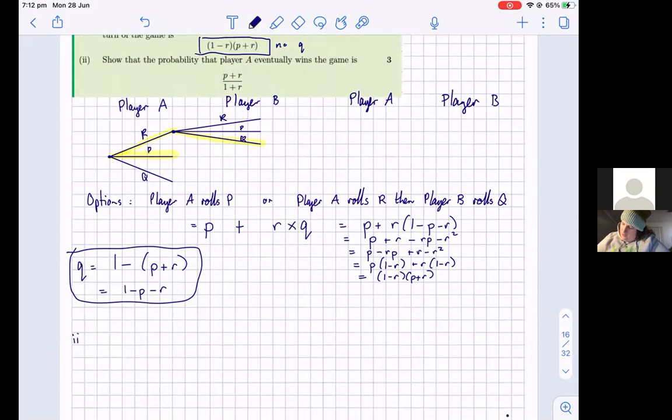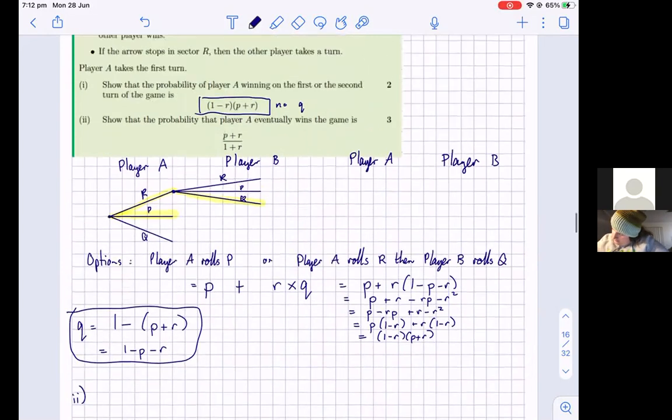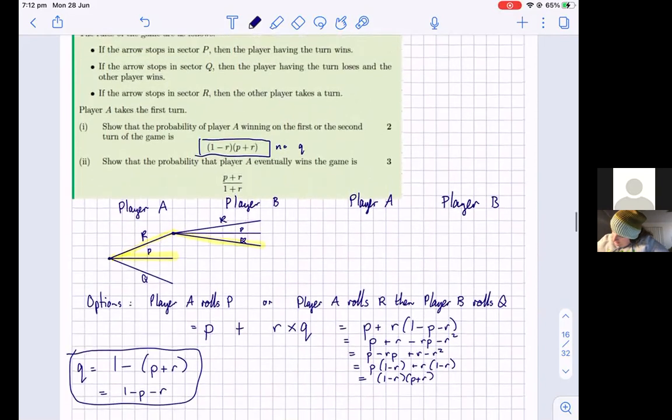Question 2, show that the probability that player A eventually wins the game is this. So for A to eventually win the game, they've got that branch.